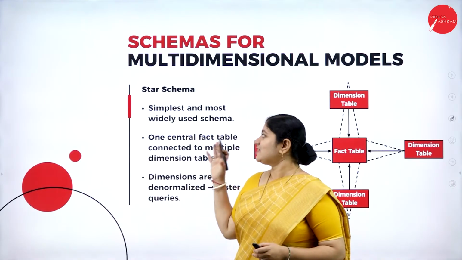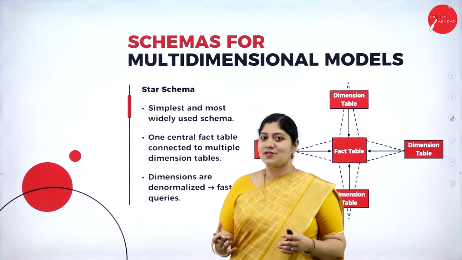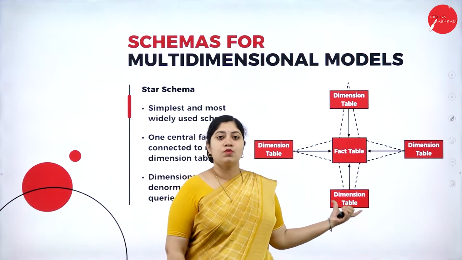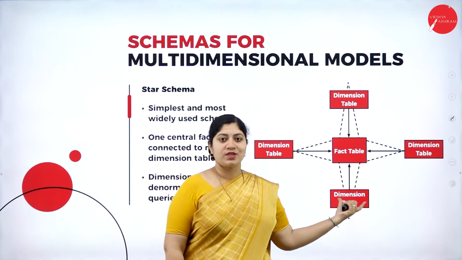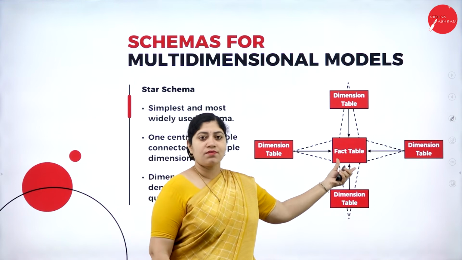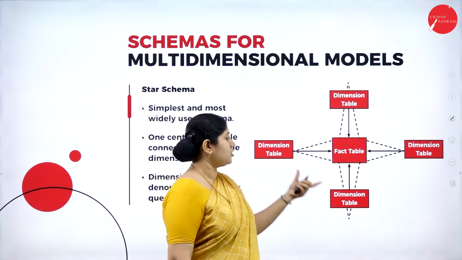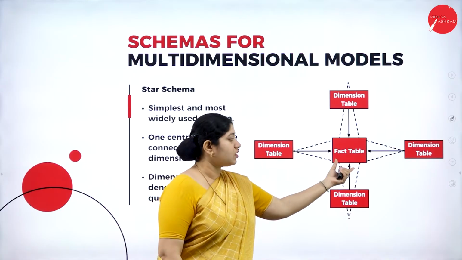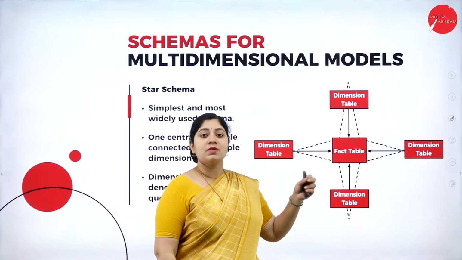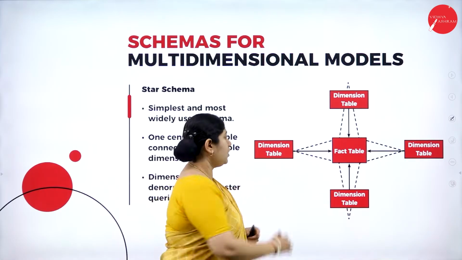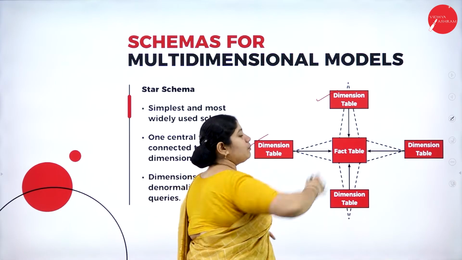So the first one is a star schema. As the name itself says, it will be in a star format. And this is the most basic and widely used representation format. Through this, we can observe there is a fact table and various dimension tables. So these dimension tables are formed by using this fact table. And whenever some information is required to be extracted, you can directly denormalize this dimension table.